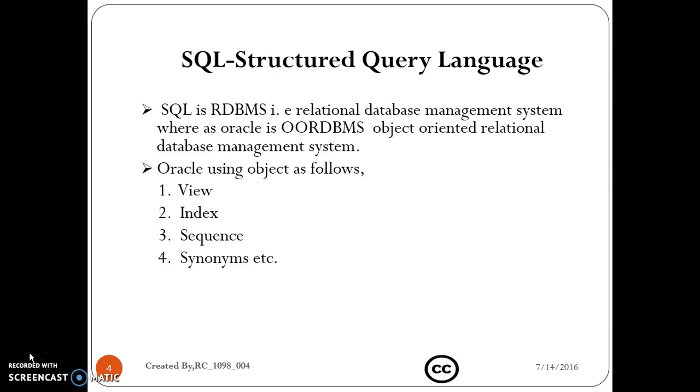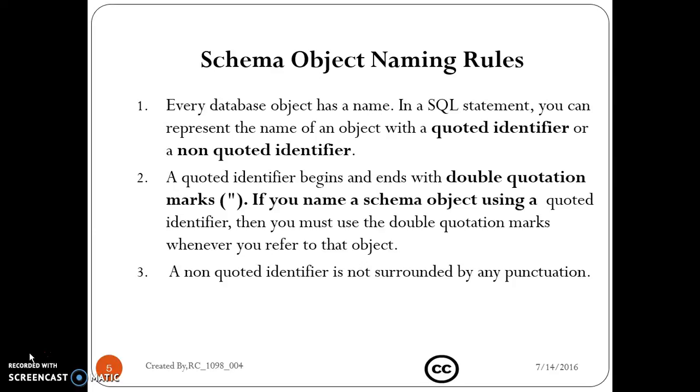Now we will see schema object naming rules. Every database object has a name. In an SQL statement, you can represent the name of an object with a quoted identifier or a non-quoted identifier. A quoted identifier begins and ends with double quotation marks.